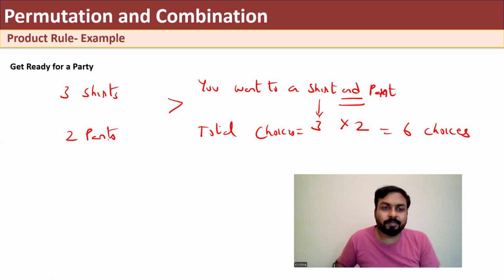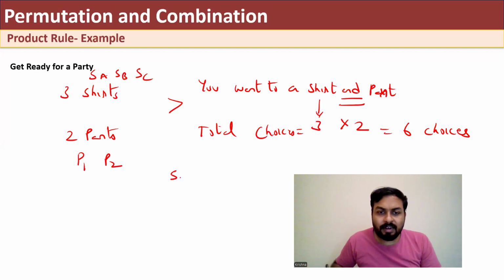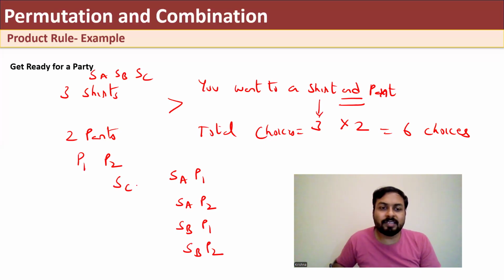What are those choices? Let's say the shirts are SA, SB, and SC, and the pants are P1 and P2. I can wear SA with P1, SA with P2, SB with P1, SB with P2, SC with P1, or SC with P2.